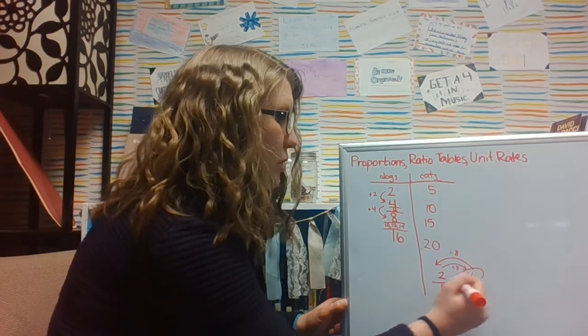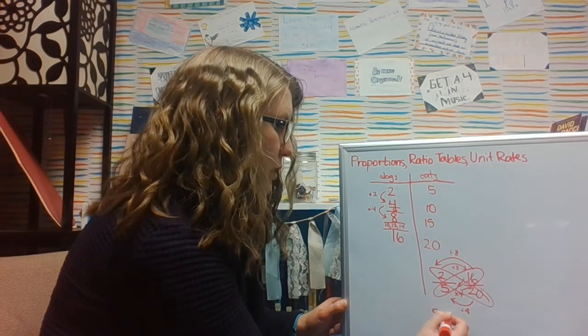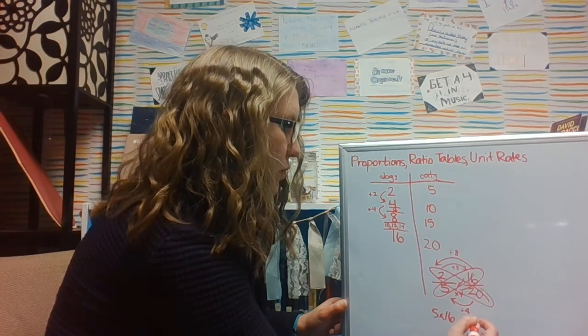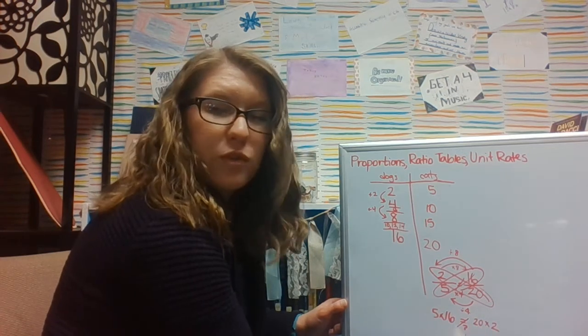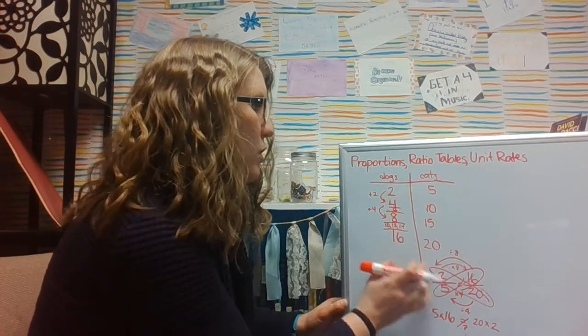I can also cross multiply to figure out and do 5 times 16. Does that equal 20 times 2? And it does not. So I could also follow that way. So I want to be careful with ratio tables.